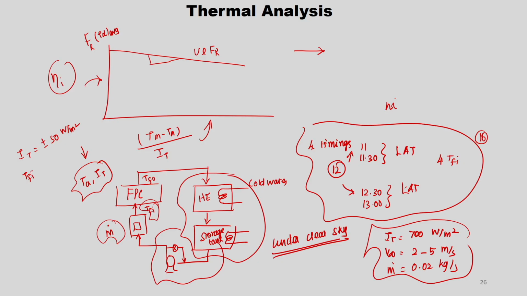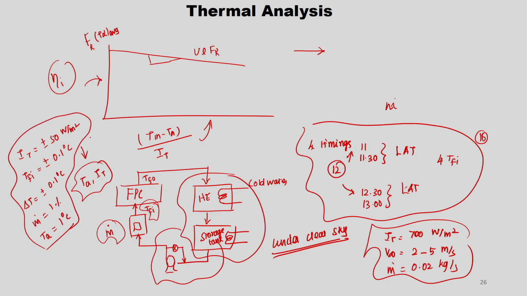For getting T_fi, we are measuring T_fi and T_fo. There, plus or minus 0.1 degree is allowed, and the delta T should be about plus or minus 0.1 degree, mass flow rate 1% is allowed, and ambient temperature around 1 degree centigrade error is allowed.